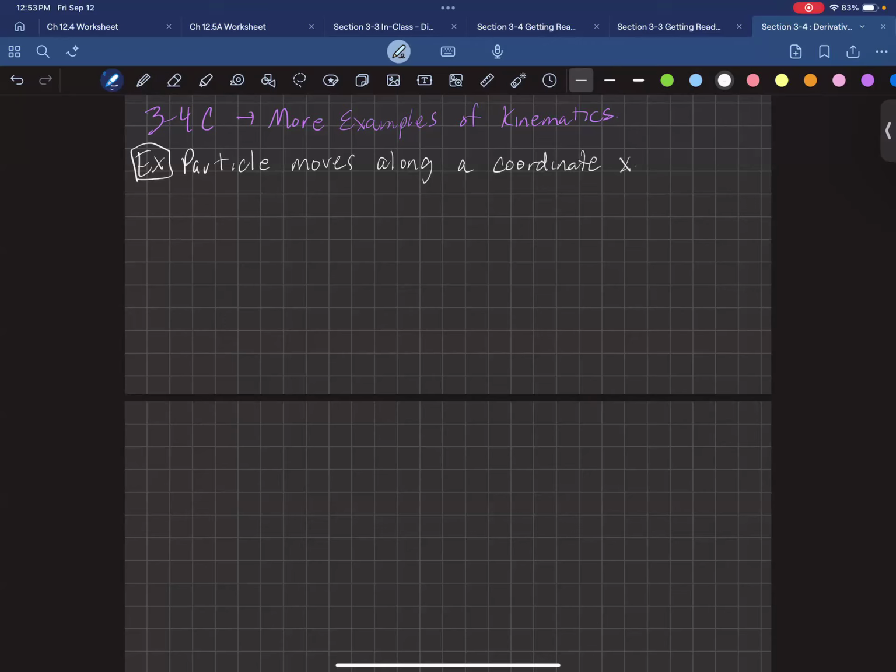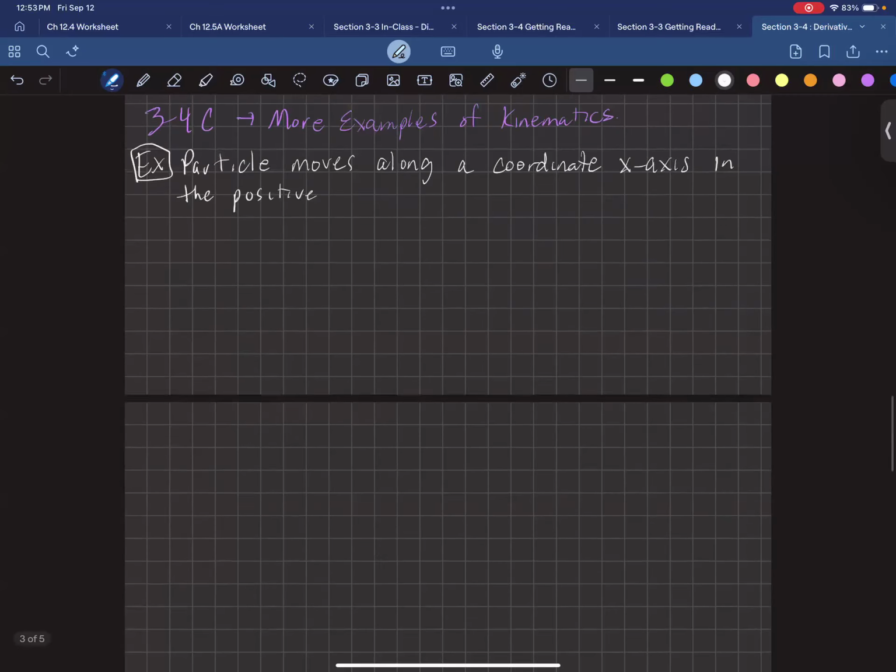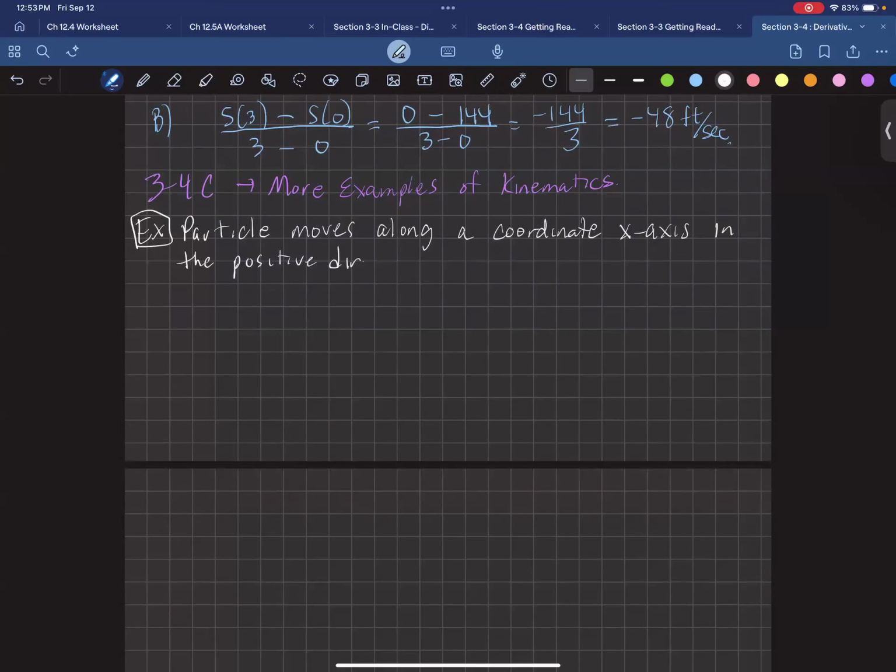This is like moving in a straight line along something, and it's moving in the positive direction, or to the right.